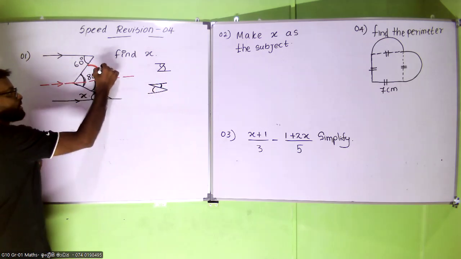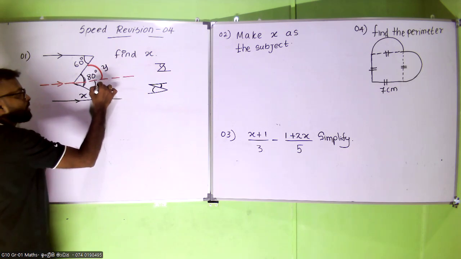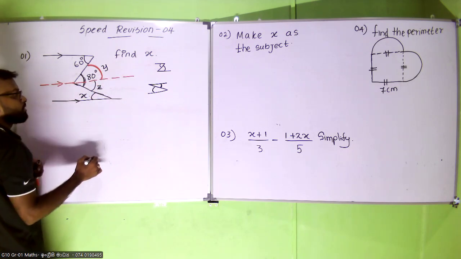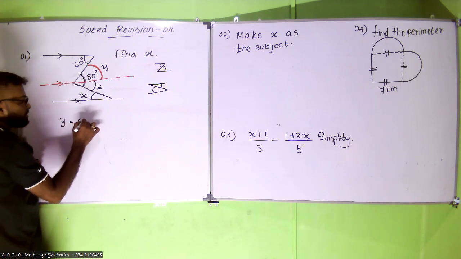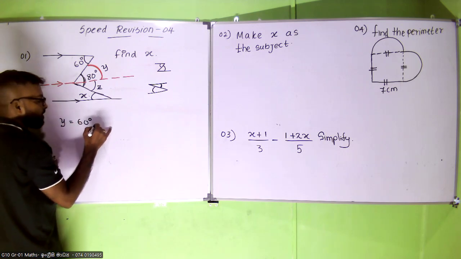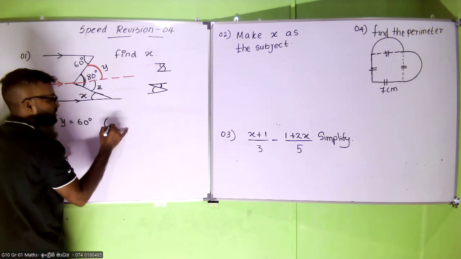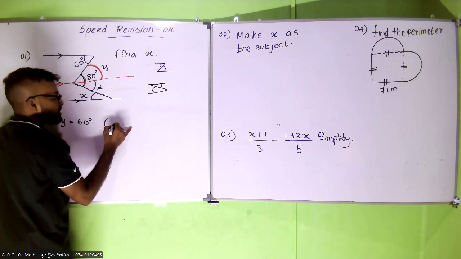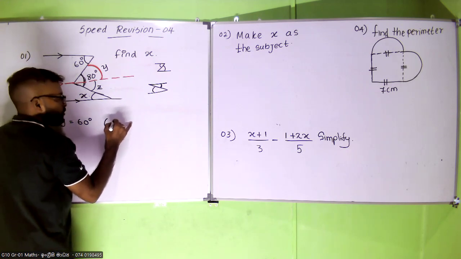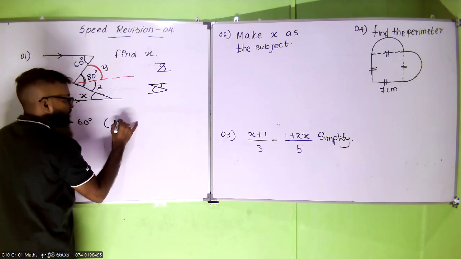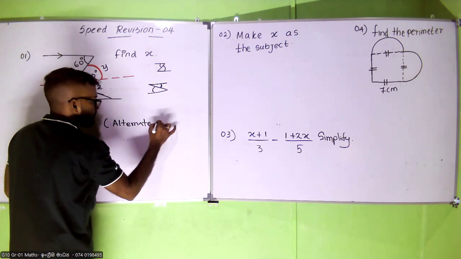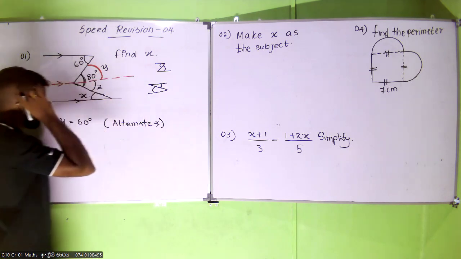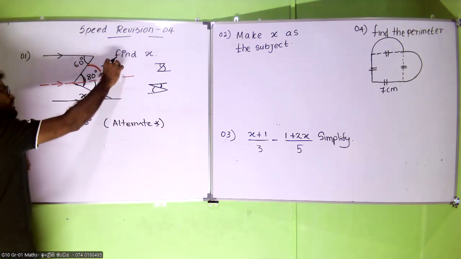I will take this as my y, and this as my z. So I can write the magnitude of y is equal to 60 degrees. Why is that? What is the reason? You can say these are alternate angles, so y equals 60 degrees.